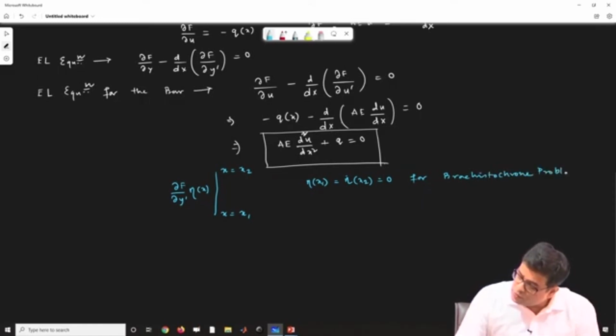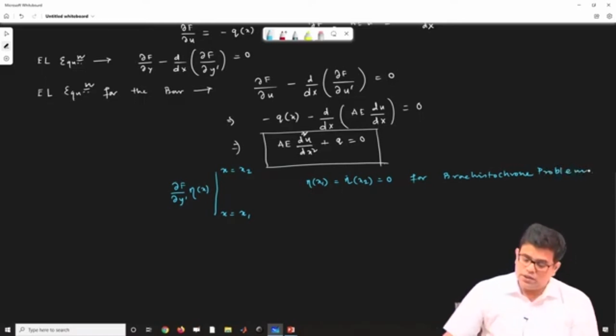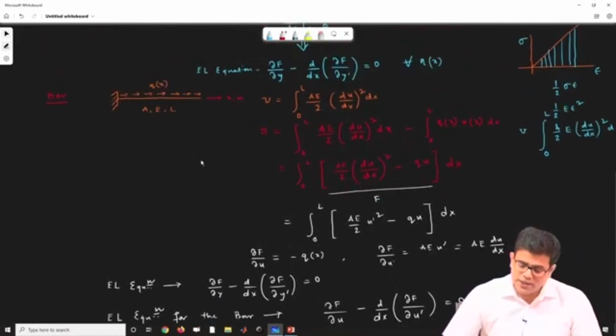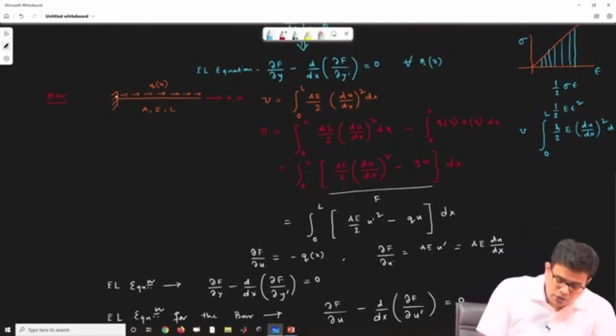But for the bar problem that we are doing here, what is my boundary condition? At x equals x1, or 0, my u is 0, right?